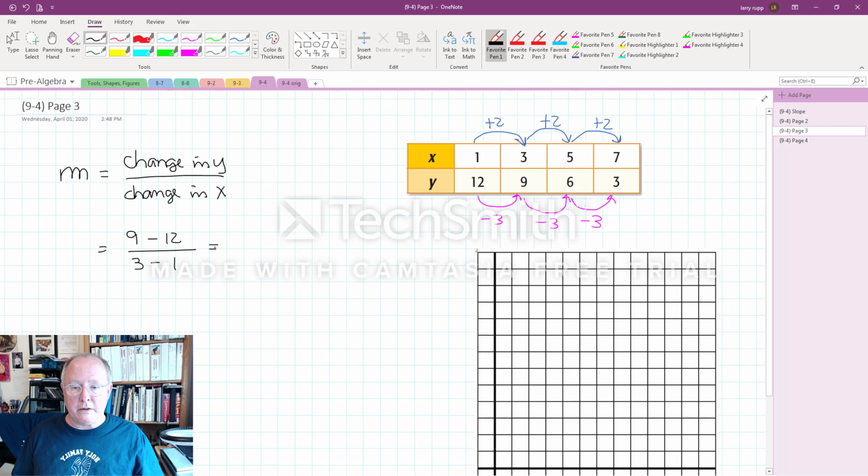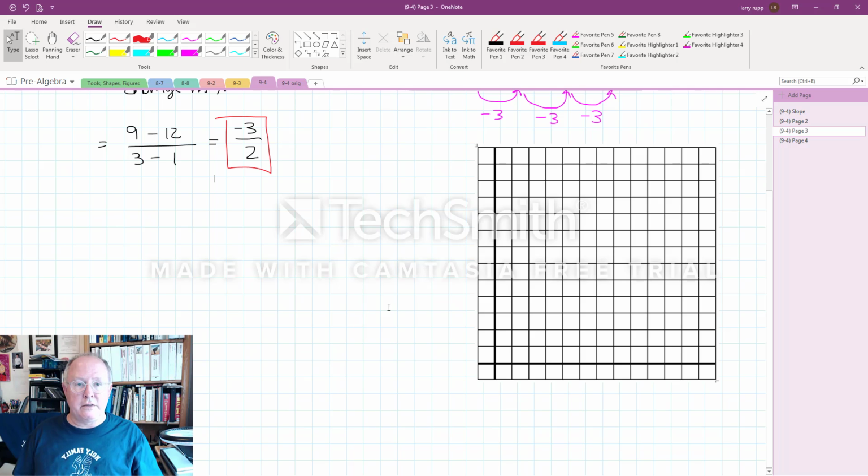So 9 minus 12, the change in y, was negative 3. Don't be confused by the table, the fact that x is on the top. Here y is on the top, because that's our formula. And then 3 minus 1 down here on the bottom is 2. So our slope, calculated from the table, is negative 3 over 2.